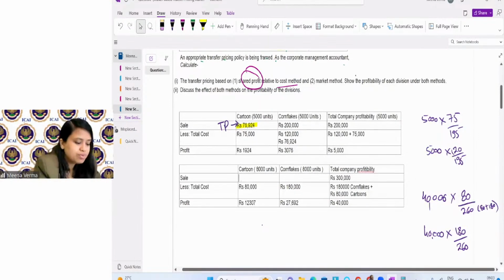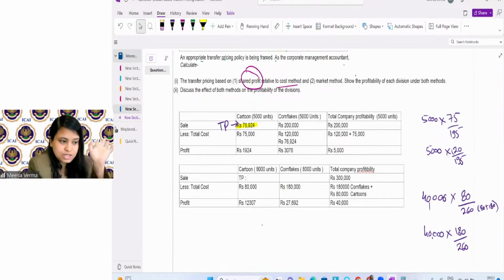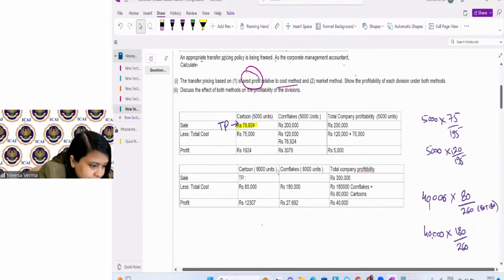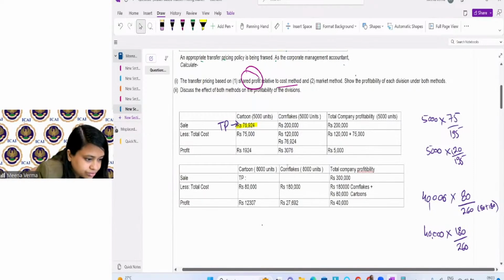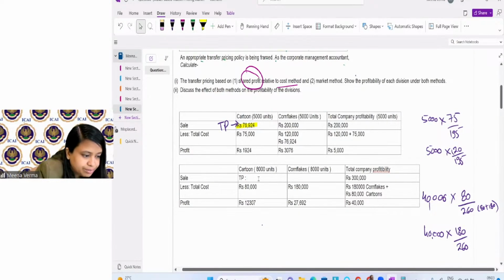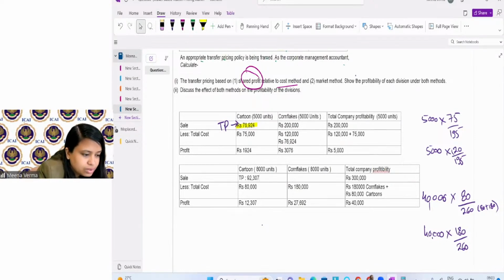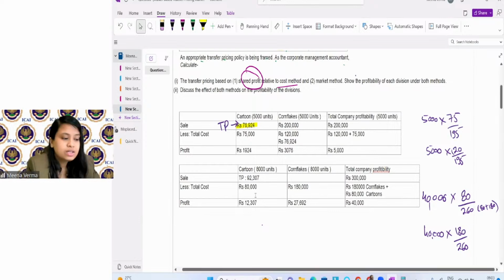Now what will be the transfer price here? The cost plus profit is the transfer price. I can see here 92,307 is the transfer price.